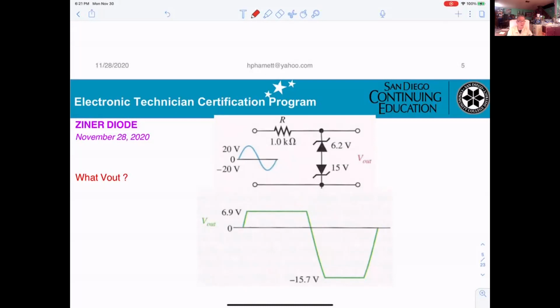Again, for positive cycle, 15 volt Zener will be on normally. 6.2 will be breakdown. So 6.2 you adding to 0.7, you get 6.9.